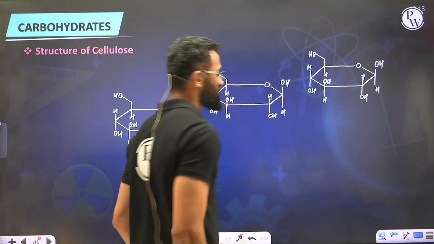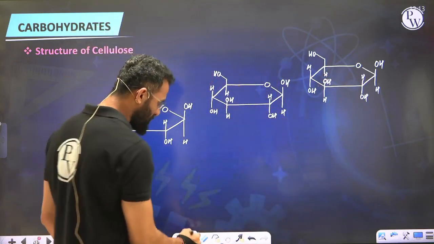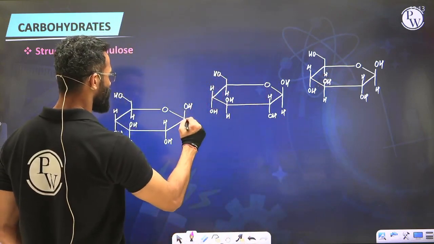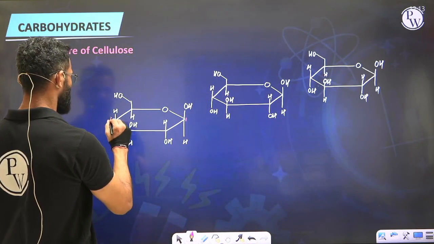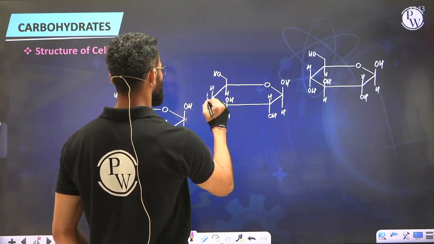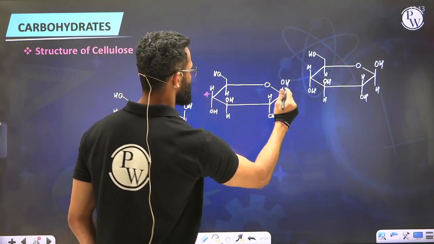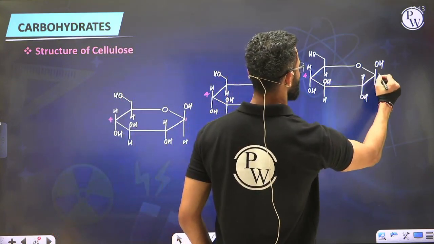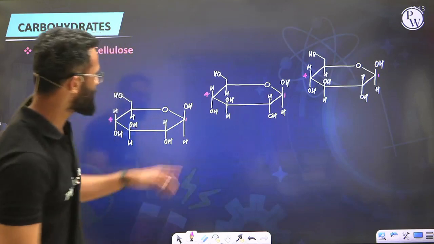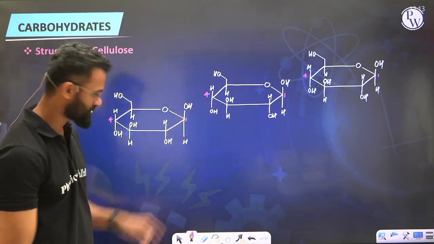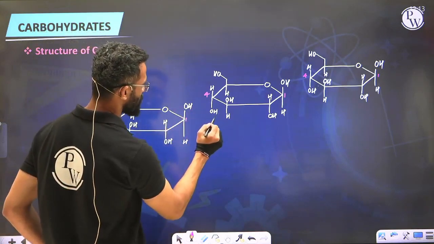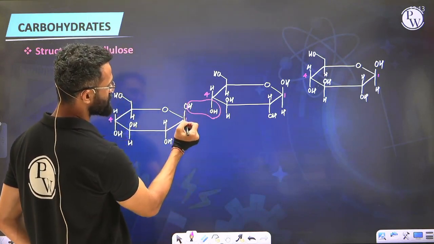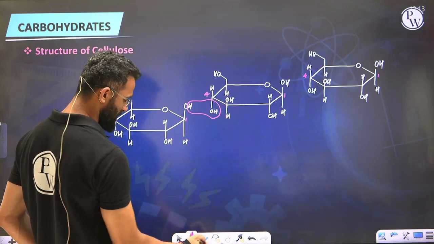Okay guys, now let's try to figure out the carbon atoms from where we are going to carry out condensation. So it's C1 of one unit and C4 of the adjacent. So this is C4, and this is C1. From the adjacent unit you will condense OHs, so this OH will be condensed with H. If you remove H2O, this C1-O-C4 will be connected.